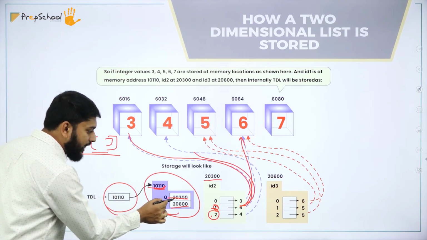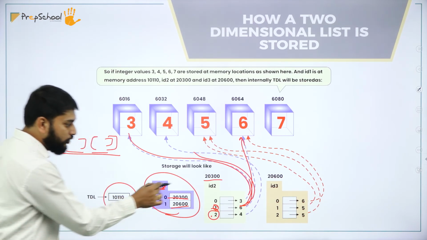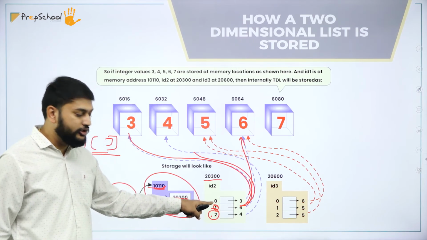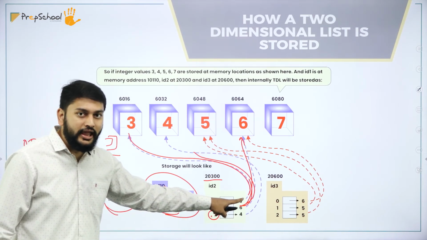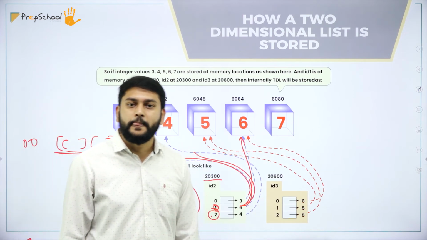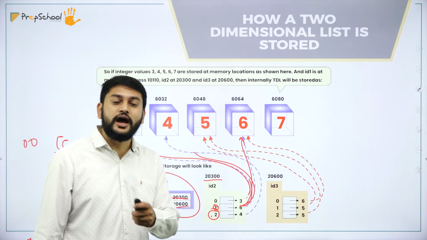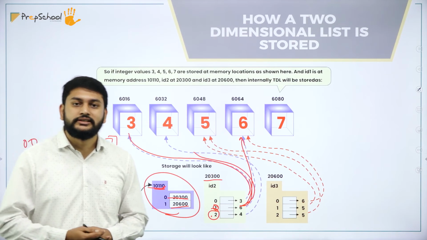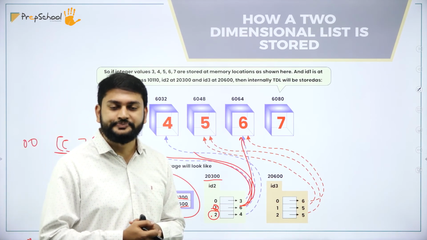Then I go to that particular list, and using the index I get the reference for all the values I have stored. That's what you have to remember, and this is how we store the elements inside the list.